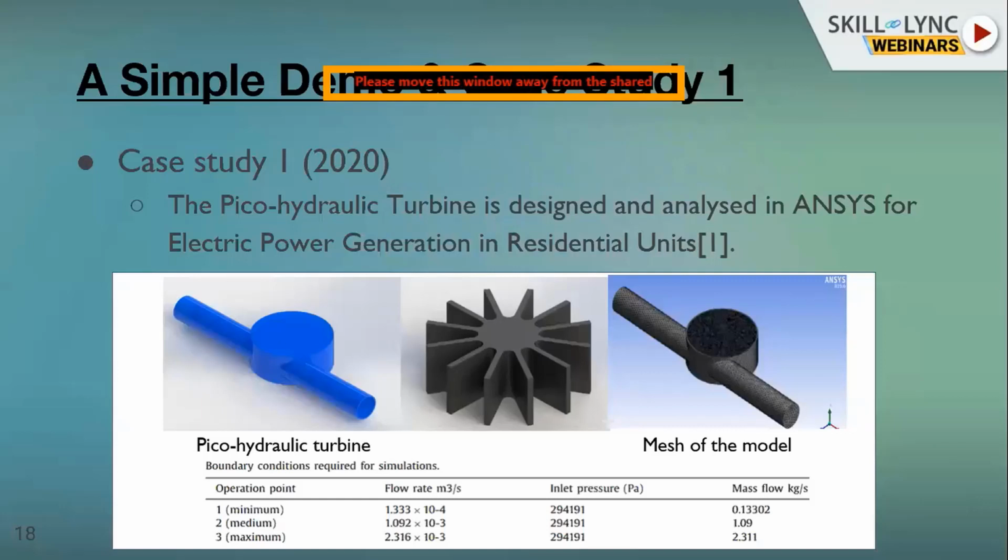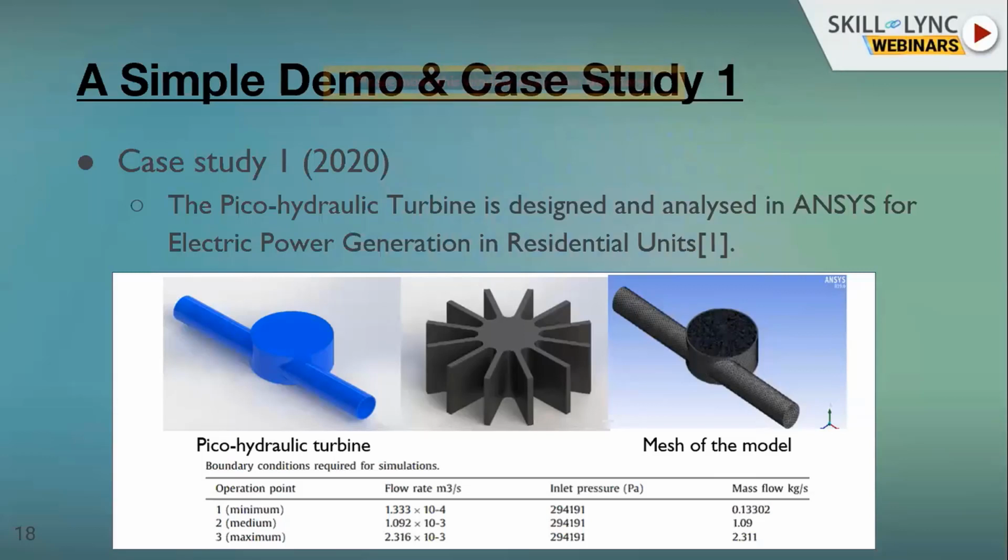The Pico hydraulic turbine system is nowadays a booming technology that takes advantage of small waterfalls and streams to generate electricity in a clean way. Here, the model is created in SolidWorks and is simulated in ANSYS CFX software.